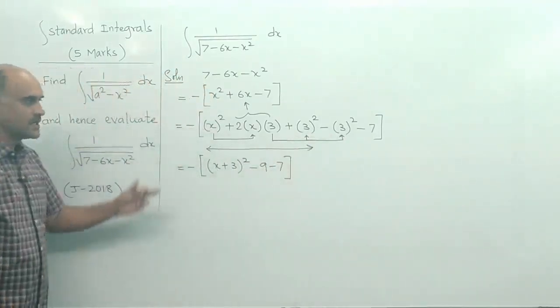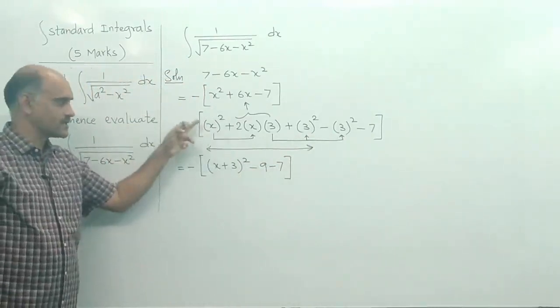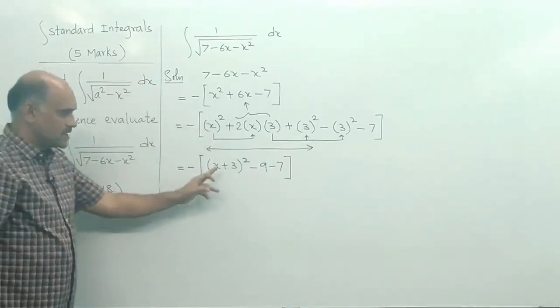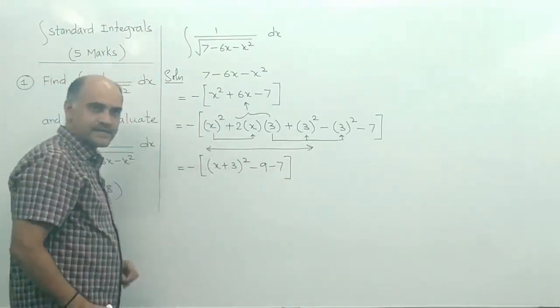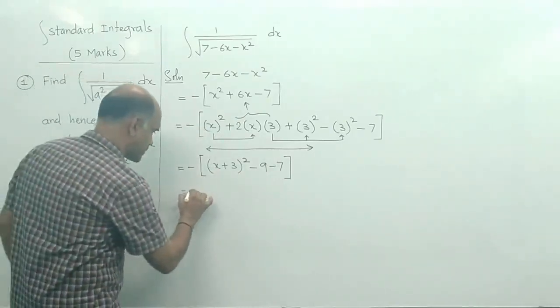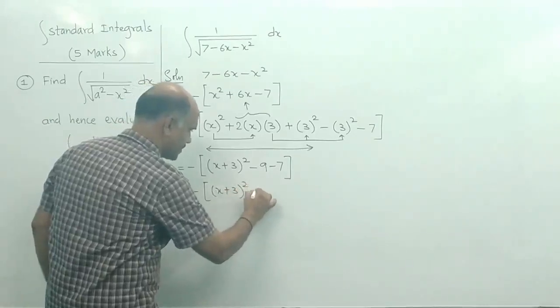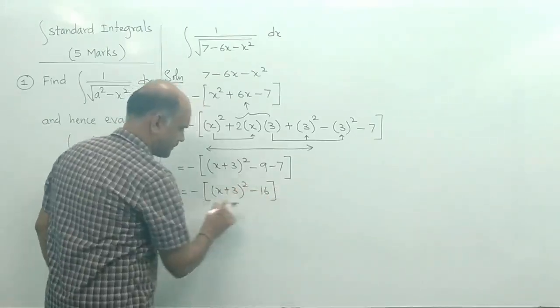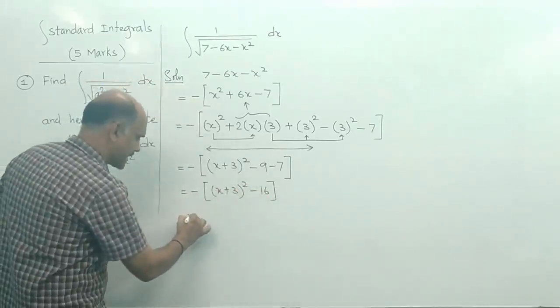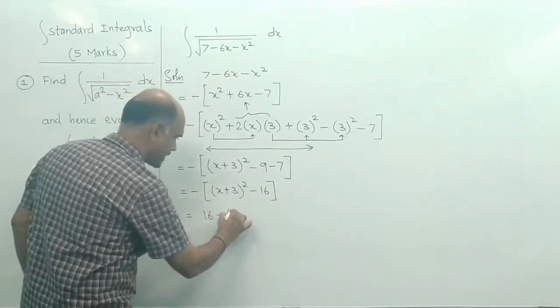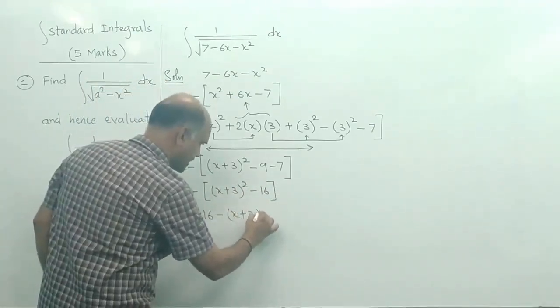Clear, students? Else you can go again through this. So minus 9 minus 7 is minus 16. So minus x plus 3 bracket square minus 16. So minus I will take inside, I will have 16 minus x plus 3 bracket square.